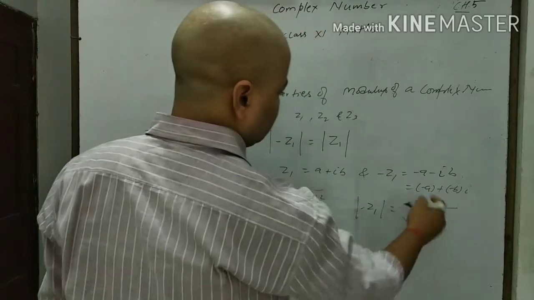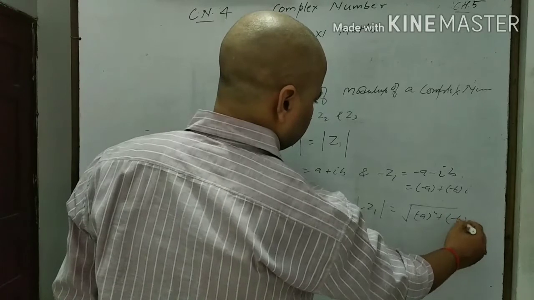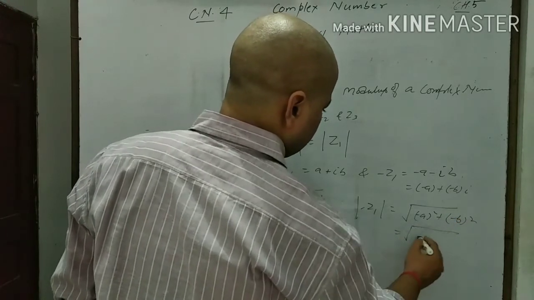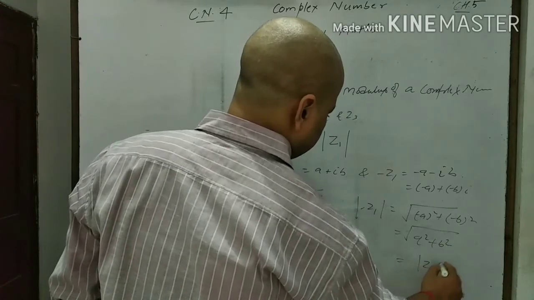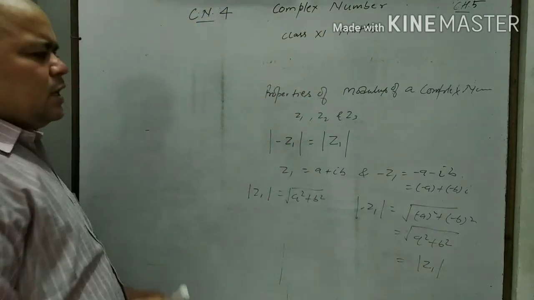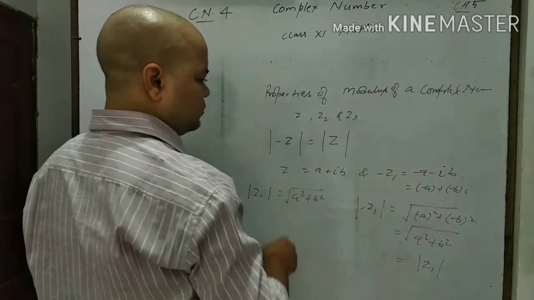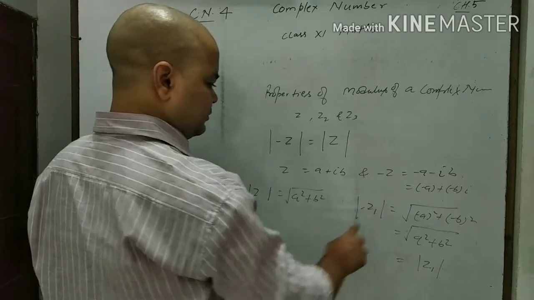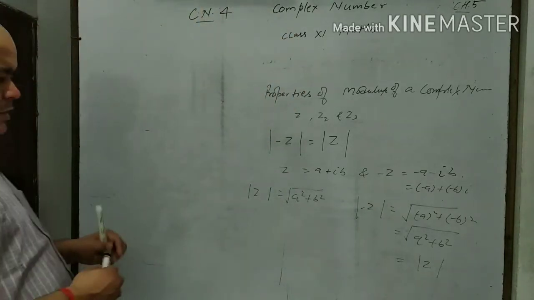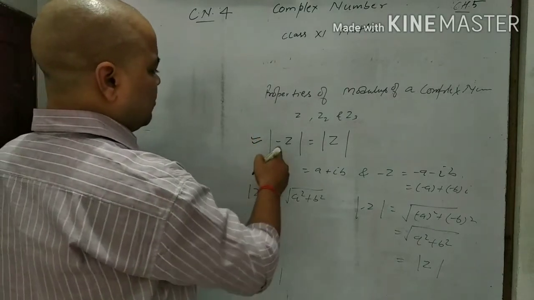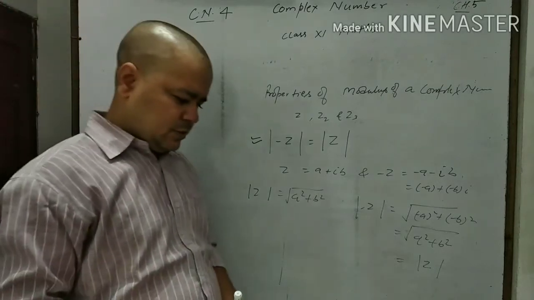Again the square of the real part, that is minus a whole square, plus the square of the imaginary part, which is equal to a square plus b square, which is equal to the modulus of z. Or in place of z1 if we write z, then also the value will be the same. It means here we can verify this: the modulus of minus z1 is equal to the modulus of z.